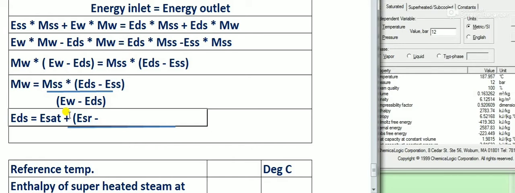So we take the saturation state enthalpy plus, since it is greater than 5 degrees, we take some reference temperature for the enthalpy, and we subtract from it.